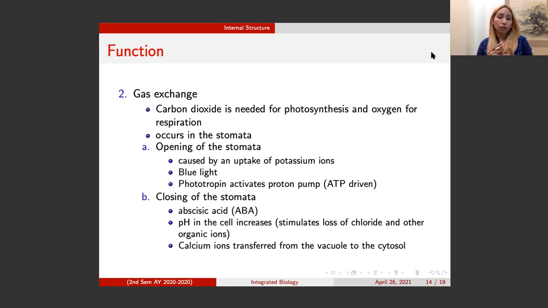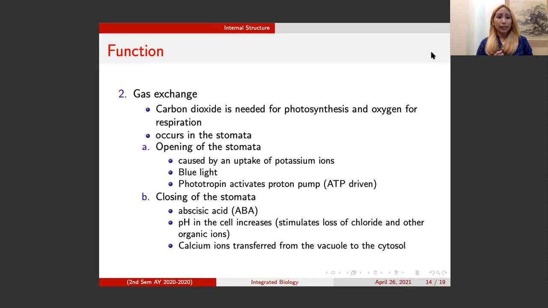Second, during photosynthesis, carbon dioxide is needed para makaproduce ng sugar, yung mga leaves, or yung mga plants. So an intake of carbon dioxide should also be facilitated. And the air spaces and of course the stomates also help provide for this particular function.